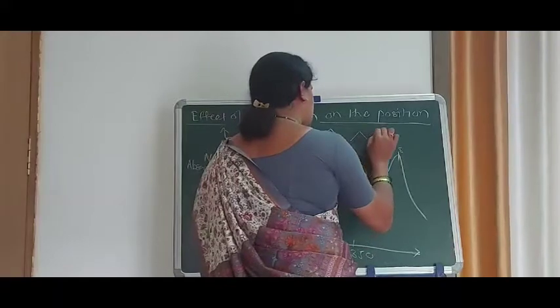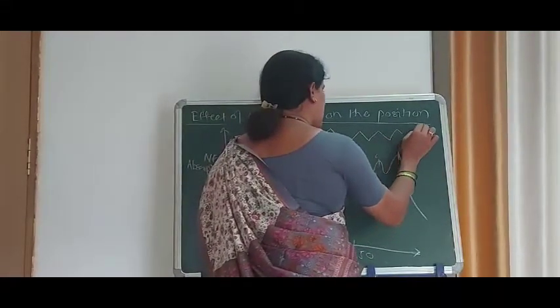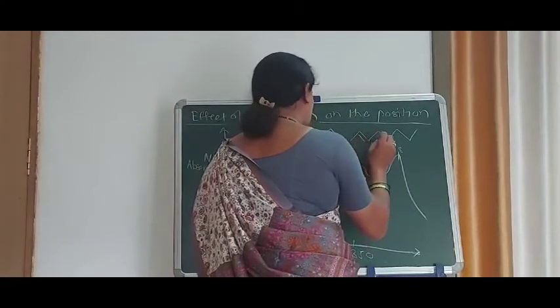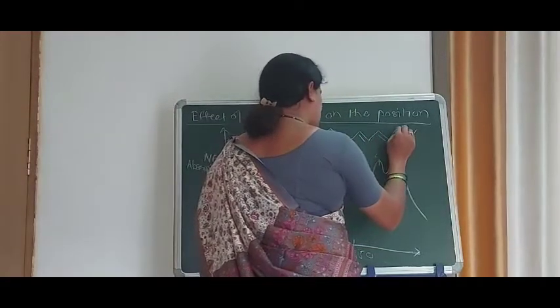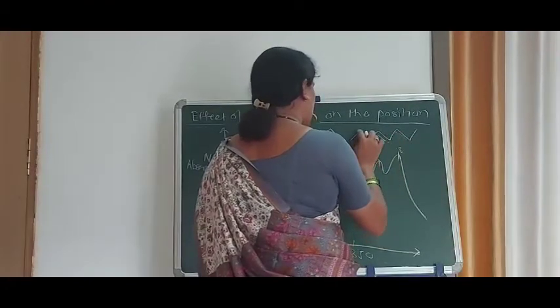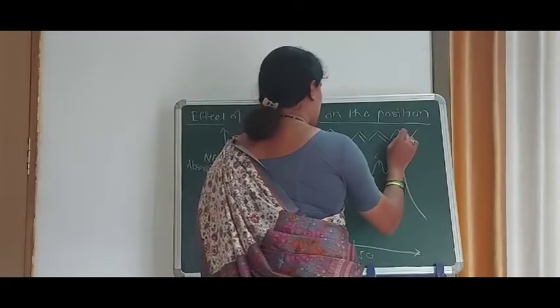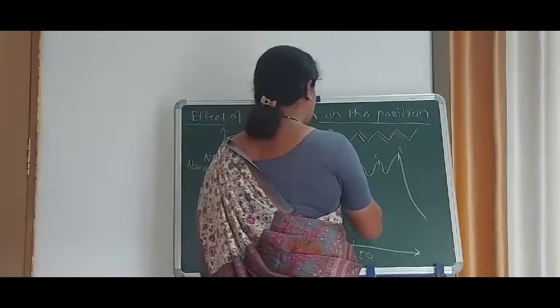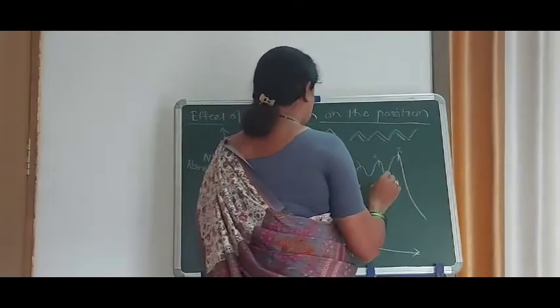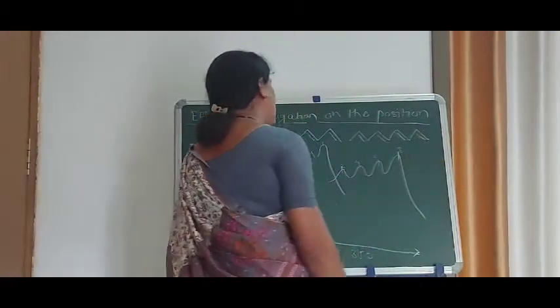The structure is as follows: 1, 2, 3, 4, 5, 6, 7, 8. So here 2, 4, 6 and 8. Here also this, and here also this. These types of structures.